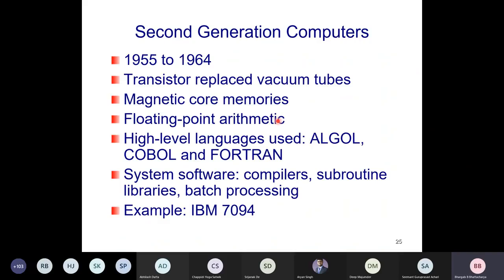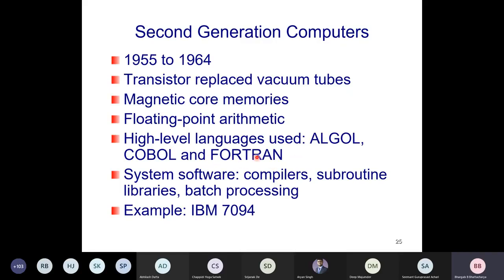Some high-level languages arrived at that time: ALGOL, algorithmic language, COBOL, common business-oriented language, and FORTRAN, formula translation. Those languages are not widely used nowadays, but COBOL was very popular and was used even a decade ago in many business organizations.